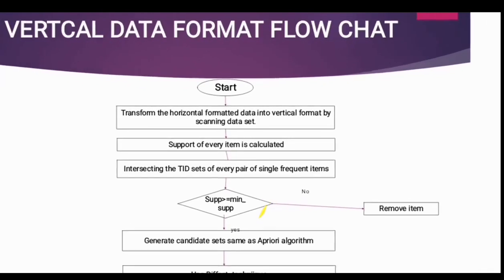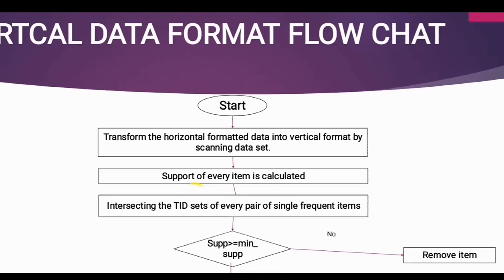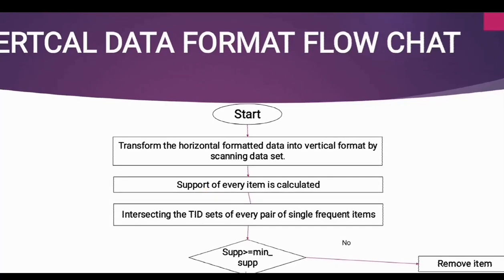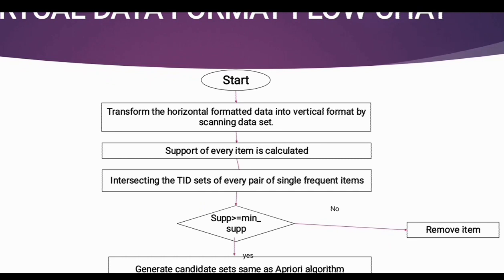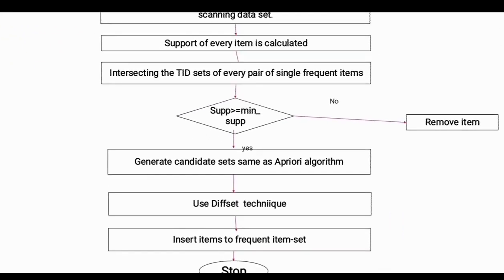And here is the vertical data format flowchart, and this is the same as the Apriori algorithm. Here we start and transform the horizontal formatted data into the vertical data format by scanning the database. Here also the support of every item is calculated, and we give the minimum support, same as the Apriori and FP algorithms.